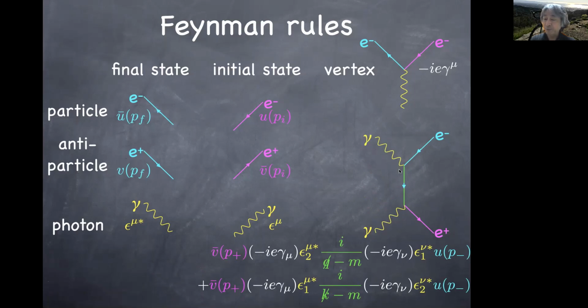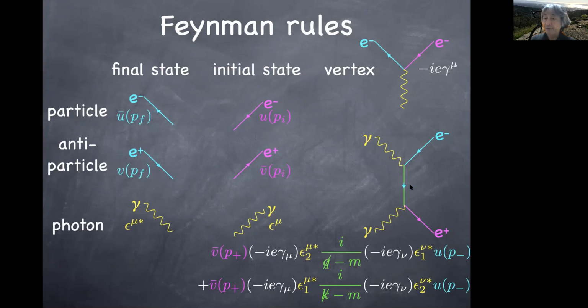So first, you follow the arrows for the electron. The initial state electron has this positive energy solution. And here's a vertex, gamma^nu. But here you create a photon, so you associate the complex conjugate of the polarization vector, epsilon^nu star, for photon 1. And this nu index is contracted between this gamma^nu vertex and the epsilon^nu star for the polarization vector.